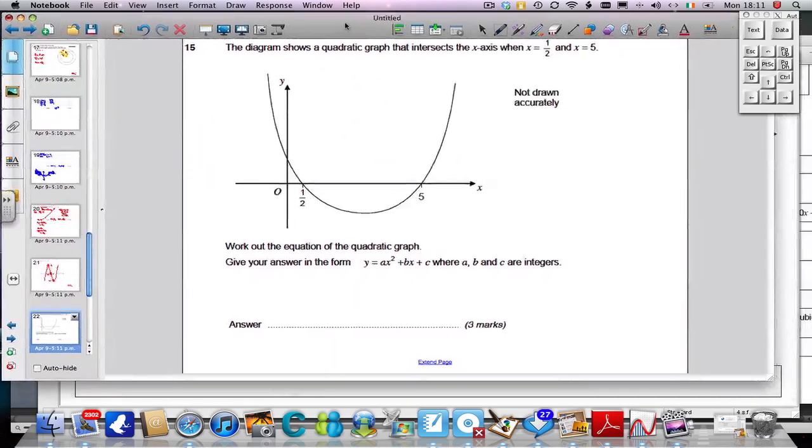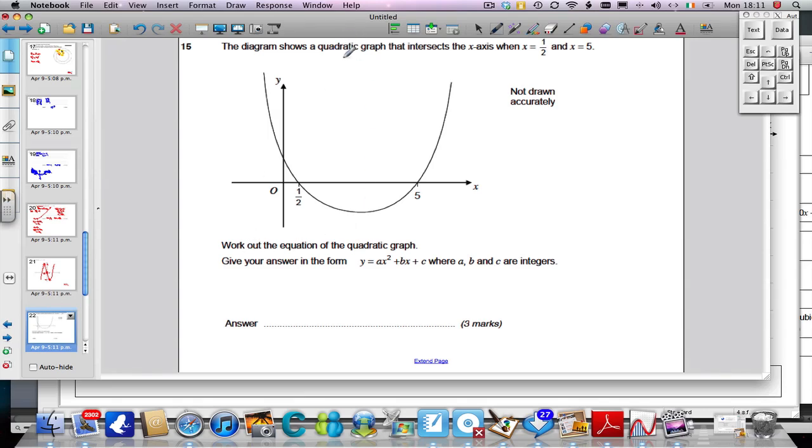On we go. Okay, we're given a quadratic graph, and we're told it intersects the x-axis here and here, and we're asked to work out the equation of the quadratic graph and give your answer in this form. Well, if it cuts here and here, if these are solutions, that means I can say x minus a half multiplied by x minus 5 should give me a solution.